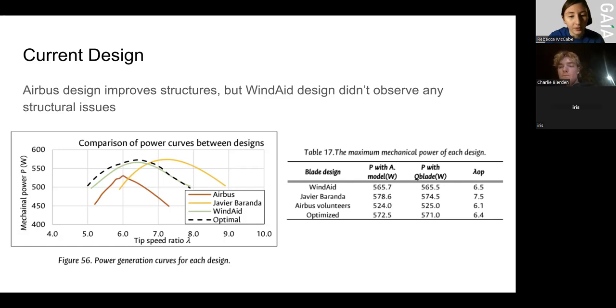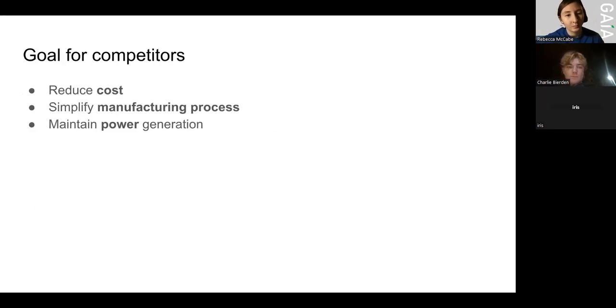But then on the next slide, what would actually be helpful for WindAid is to reduce the cost and simplify the manufacturing process while keeping the power generation roughly the same. It might be necessary to make minor sacrifices in power generation to achieve the objectives of reducing costs and simplifying manufacturing. That's okay, but we don't want the power generation to go down by a substantial amount.